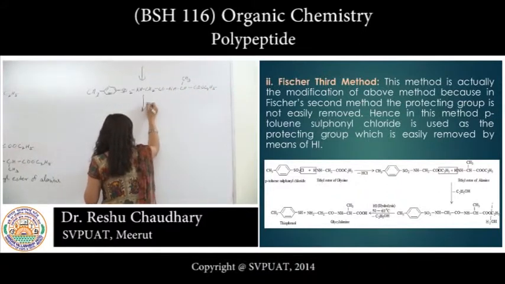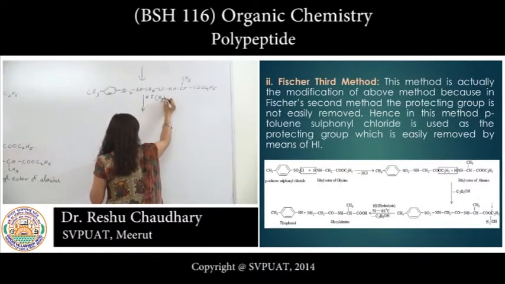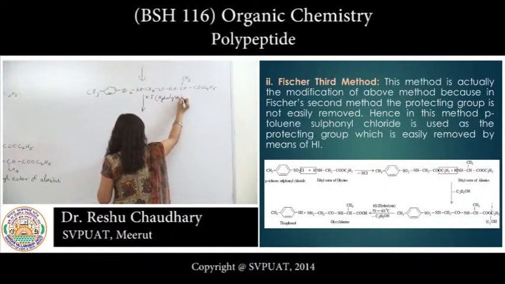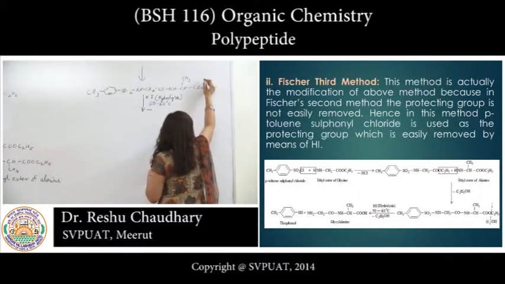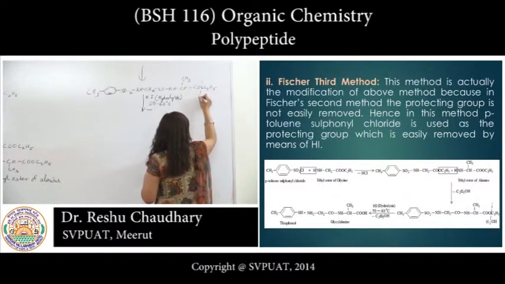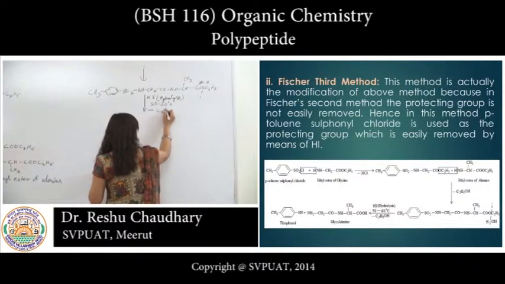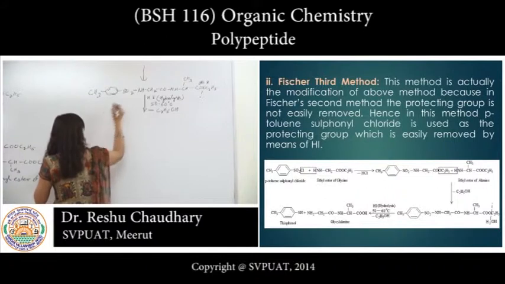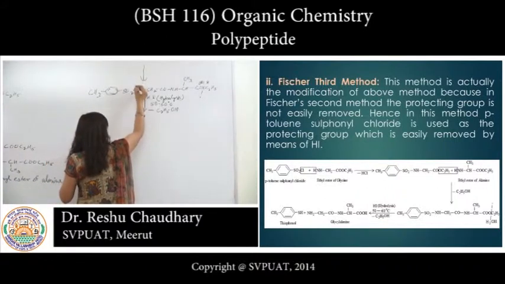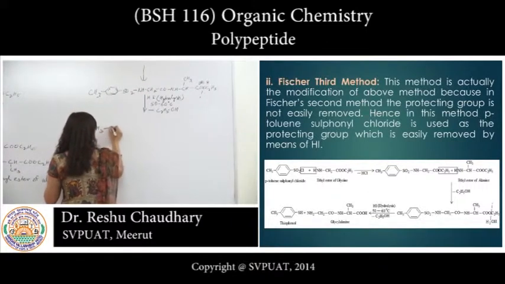Now hydrogen iodide, which goes under hydrolysis at 50 to 60 degrees centigrade. Then ethyl alcohol comes out, and the formation of thiophenol.